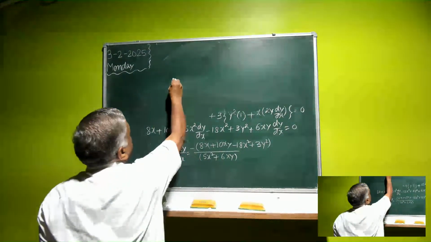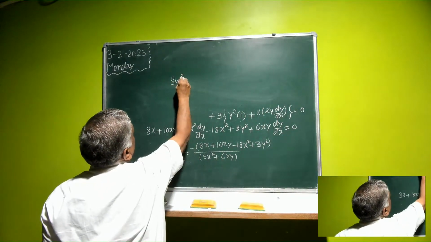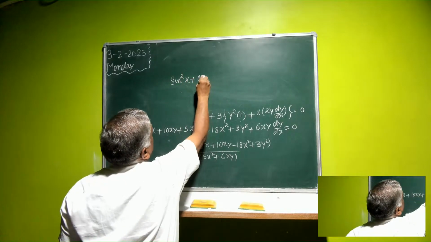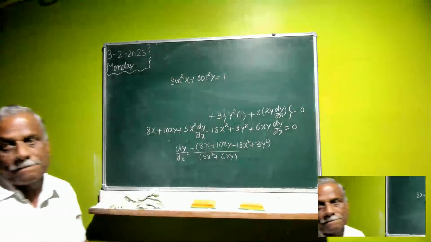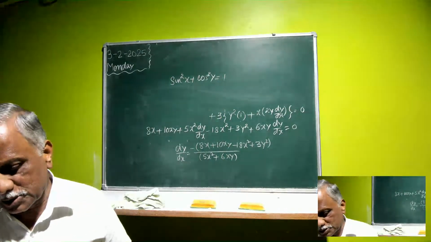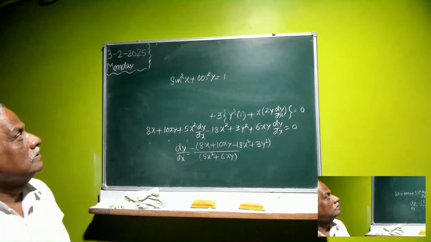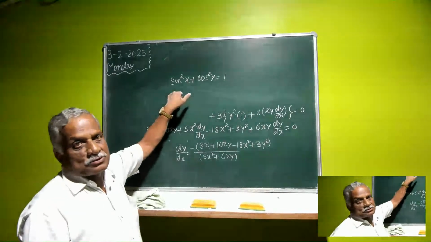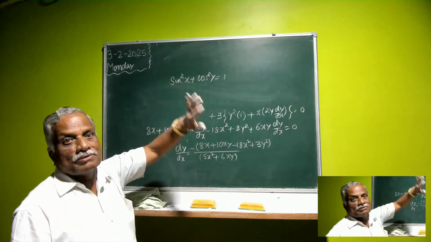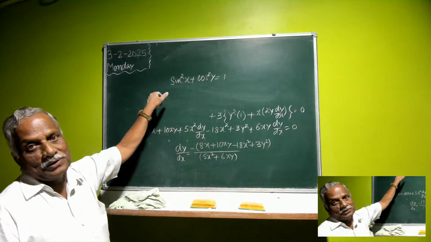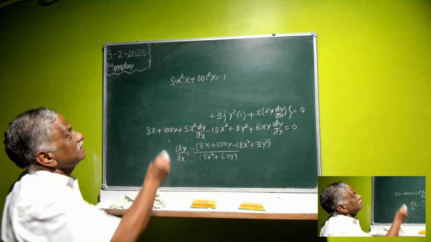Sin square x plus cos square y is equal to 1. So sin square x, first you should differentiate. You know pretty well sin square x cannot be differentiated directly, you need to use chain rule. First you should differentiate power.